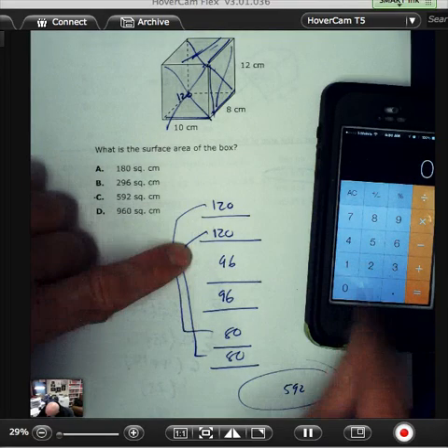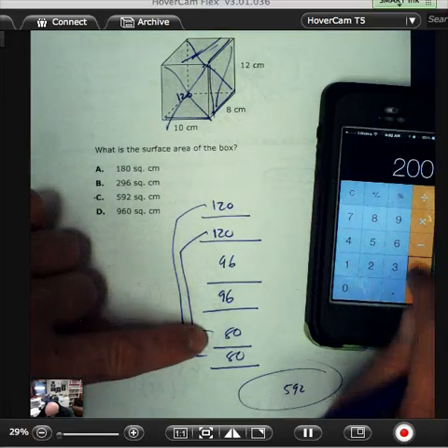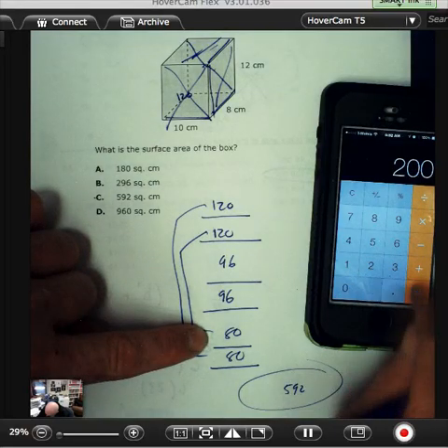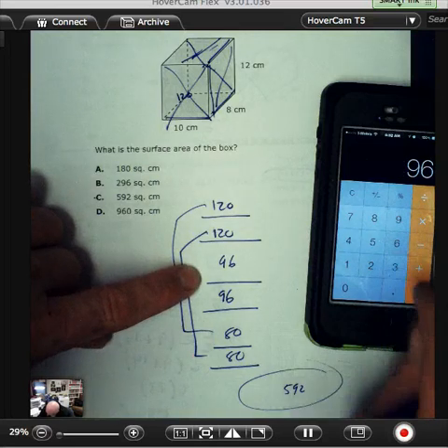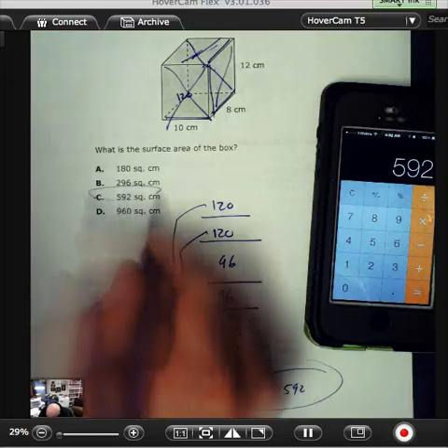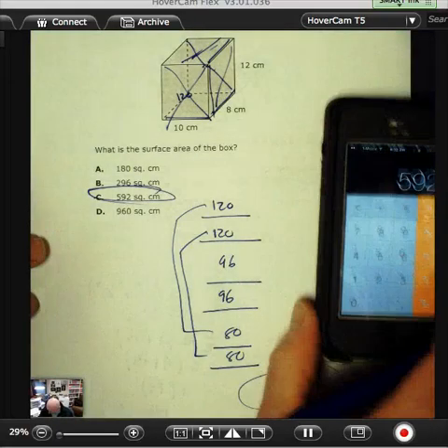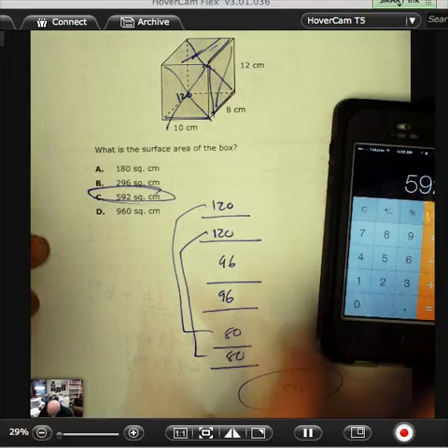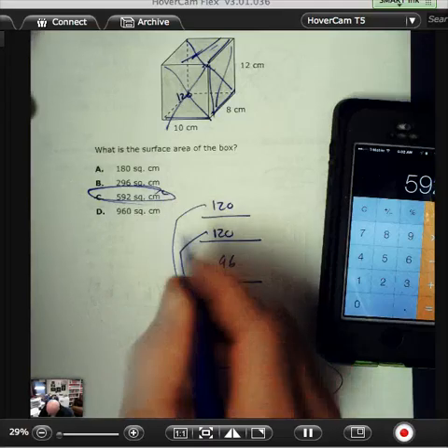These two together would be 200. These two together would be 200. And then 96 plus 96 is 592, so we're at C here. And of course that'll be centimeters. Actually, they made a mistake here, because that's surface area, so that should be centimeters squared.